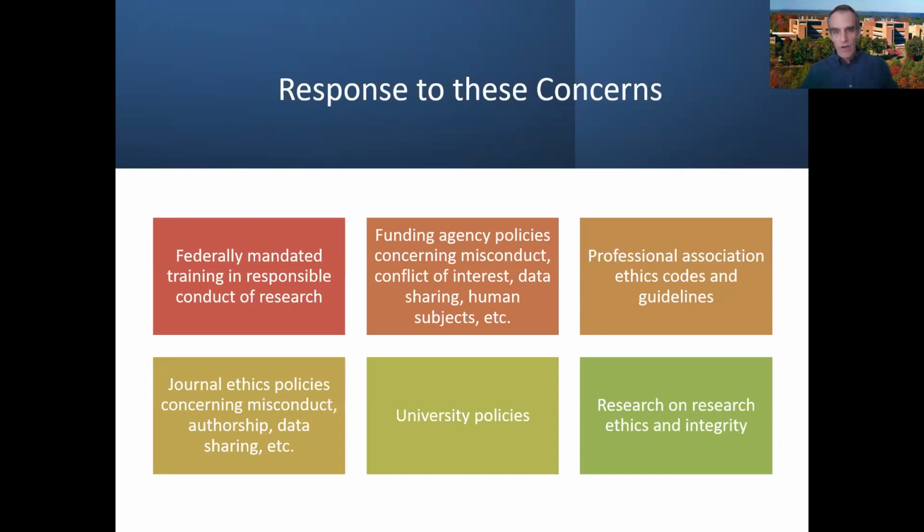So how have the government and scientists responded to these concerns? Well, we have federally mandated training in responsible conduct of research. And that's gotten more and more extensive. It started in the late 1980s and was applied mostly to graduate students, but it has gotten more extensive.